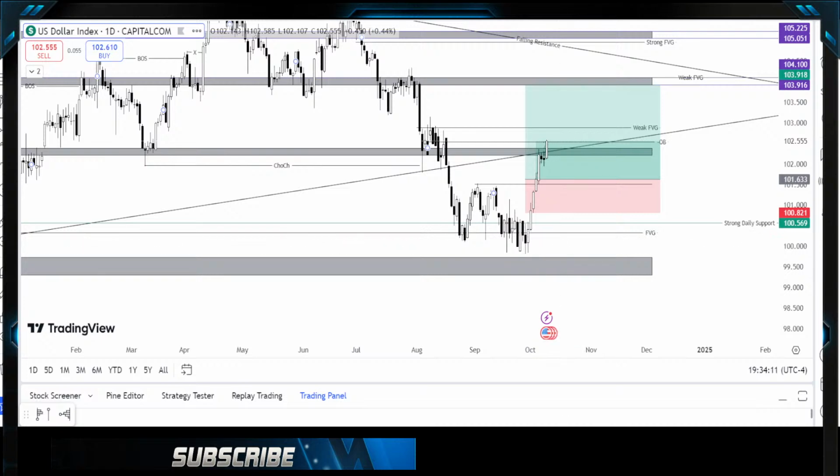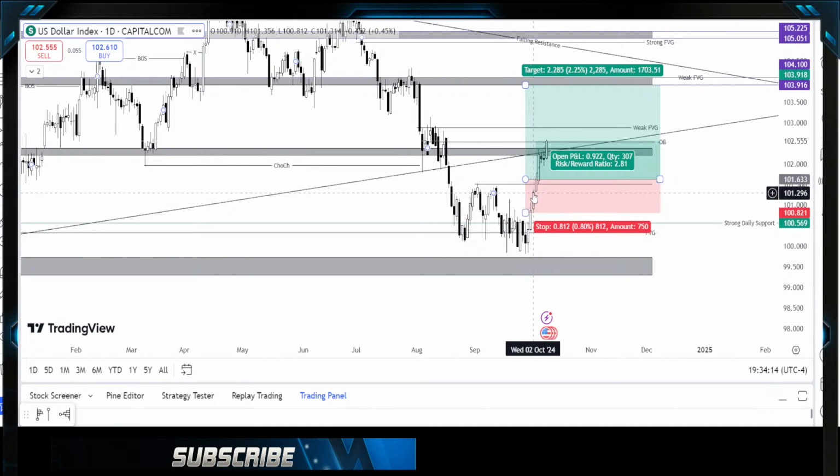But what happened? The DXY, once it broke out, it kept breaking out because the 10-year yield was strong from the 2nd. That is when this momentum started.